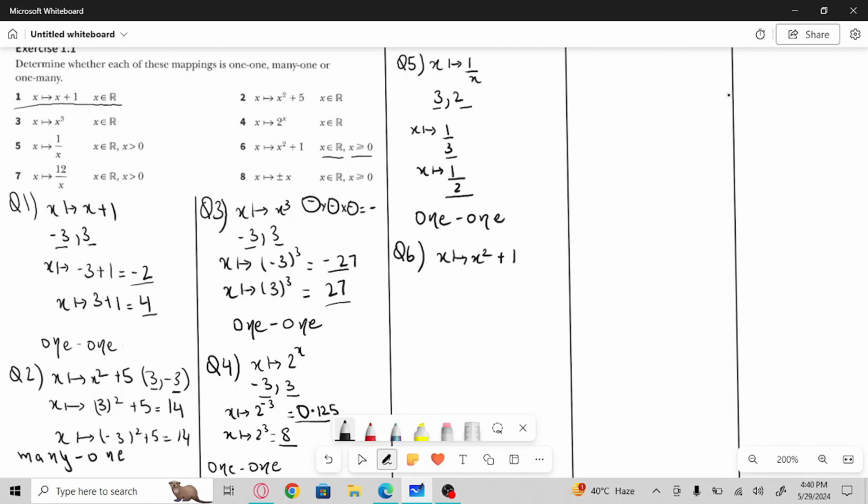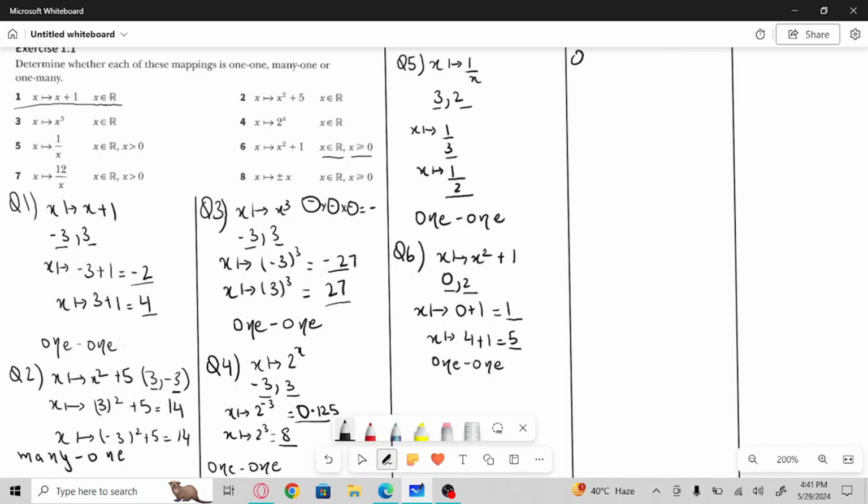If we take two random inputs, 0 and 2, x is mapped to 0 plus 1, which is equal to 1, and x is mapped to 2 squared, which is 4, plus 1, which is equal to 5. So again, two different inputs giving out two different outputs. So this is again a 1-1 mapping.